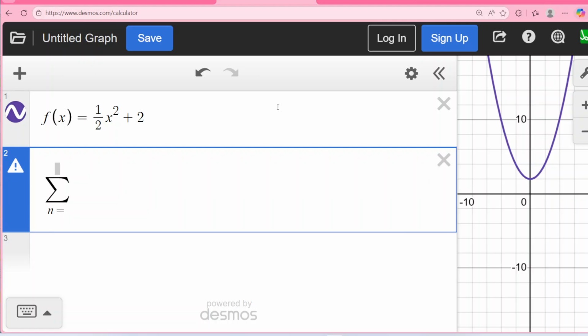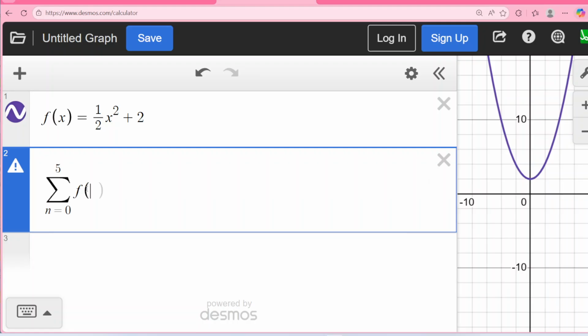So I've got 6 of these things. Start with n equals 0, go to n equals 5. That'd be a total of 6 terms.